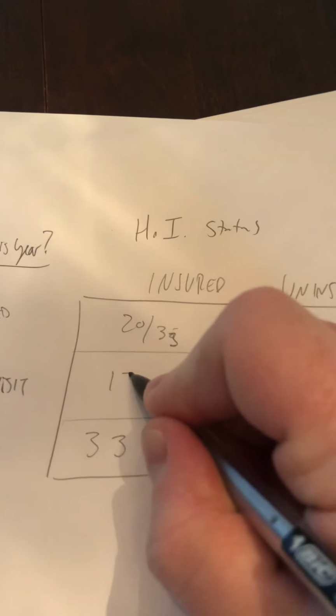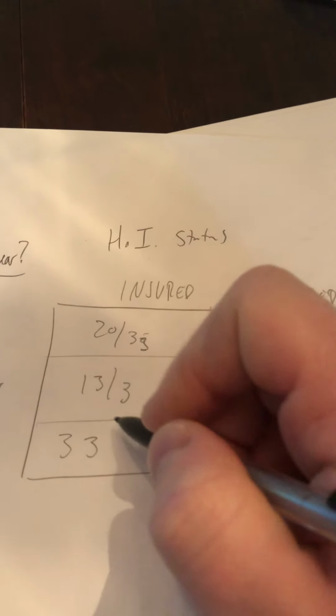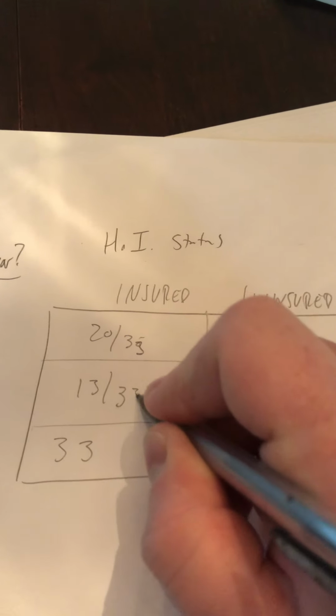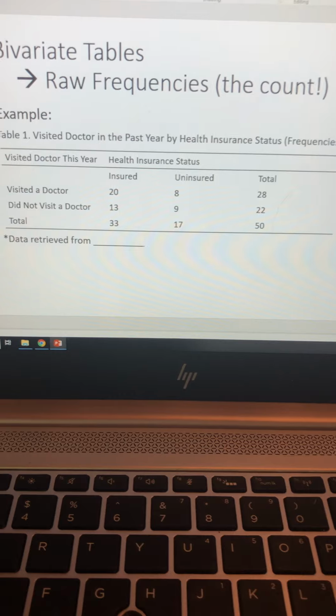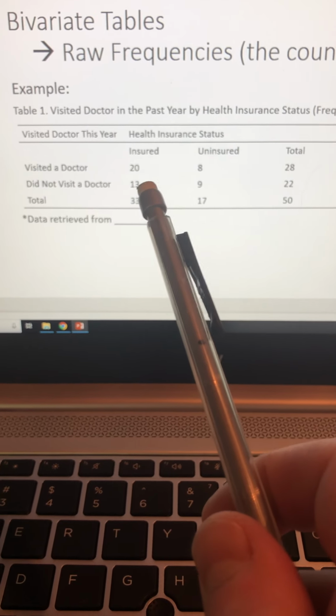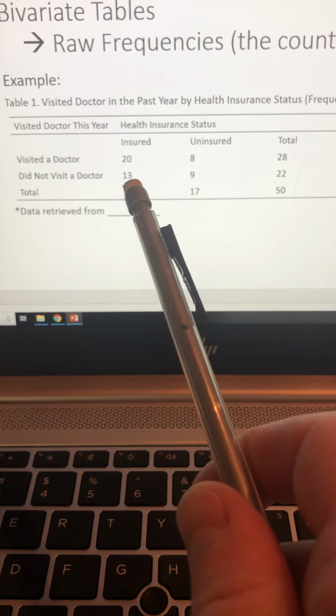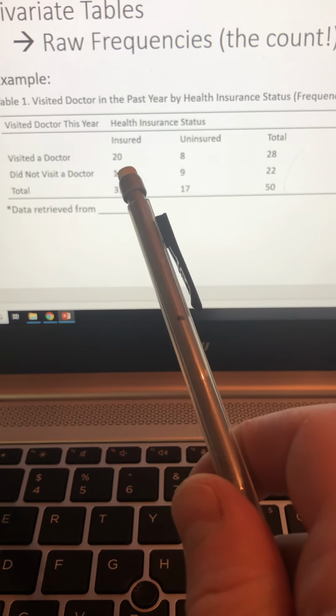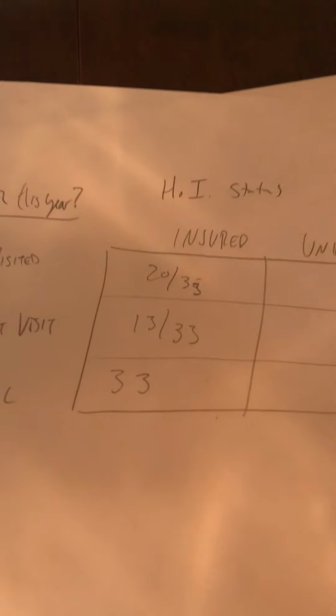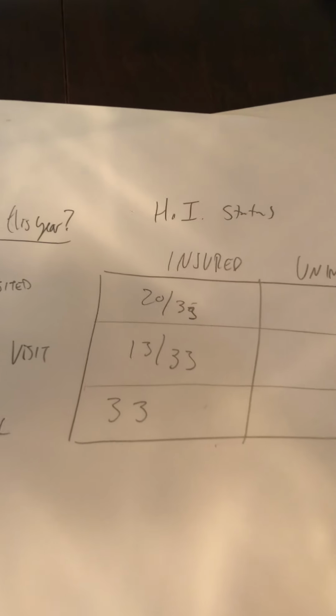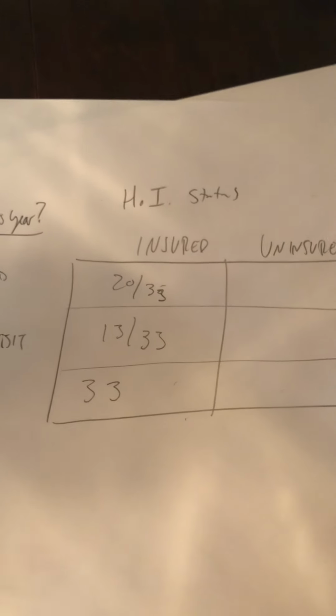That means 13 of the 33 people who were insured did not visit a doctor. And these numbers are just coming from here. So 20 people who were insured visited a doctor out of 33, and 13 out of 33 who were insured did not visit a doctor. Gosh, tongue-tied.